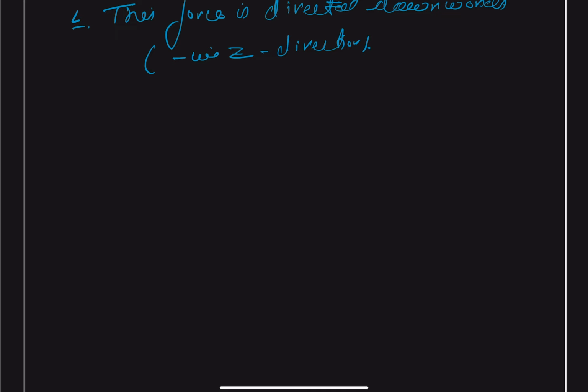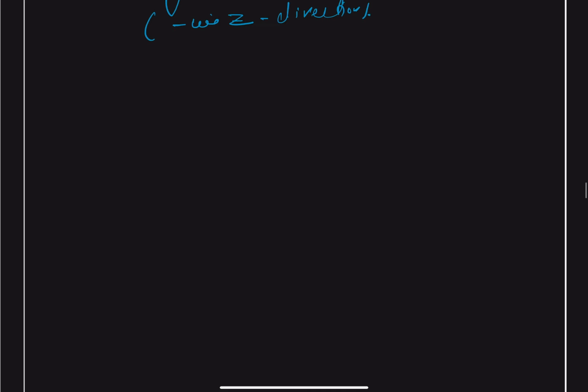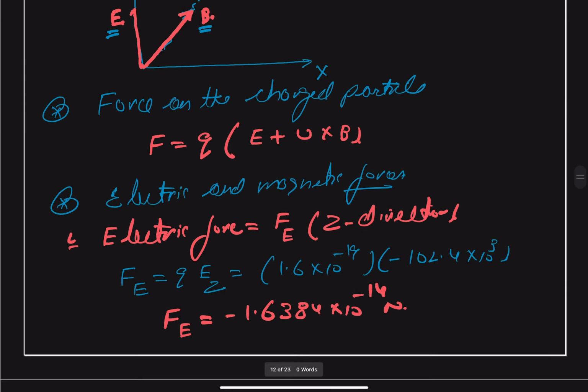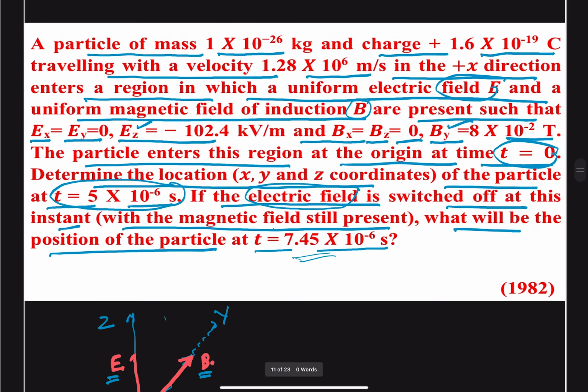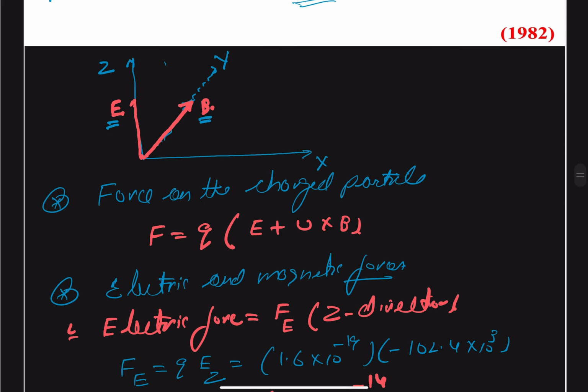Now we can find the magnetic force. Magnetic force, that is our FB, is Q Vx By, and the velocity is given in the positive x direction. So the particle is moving in this direction with the velocity v.